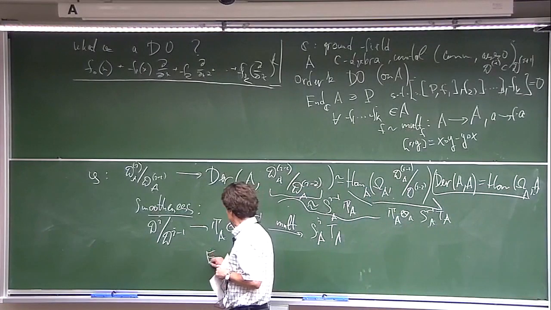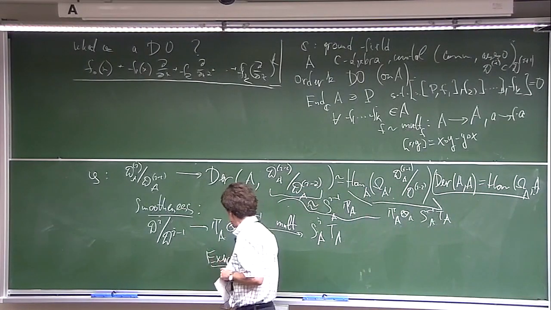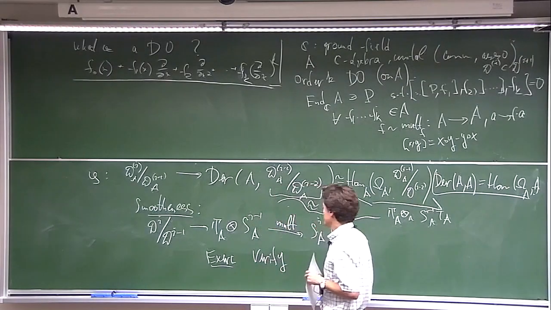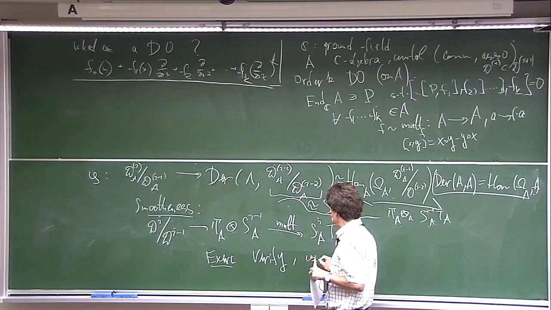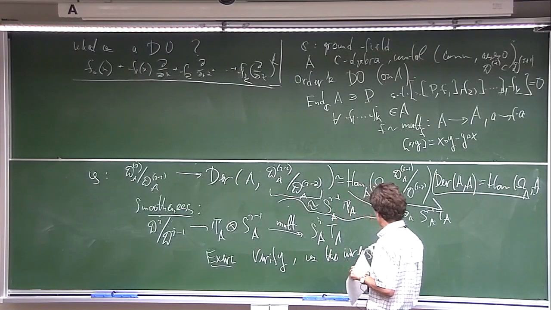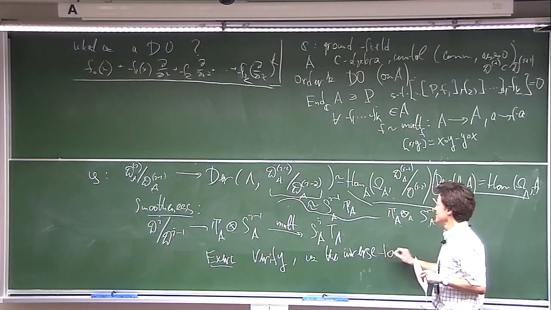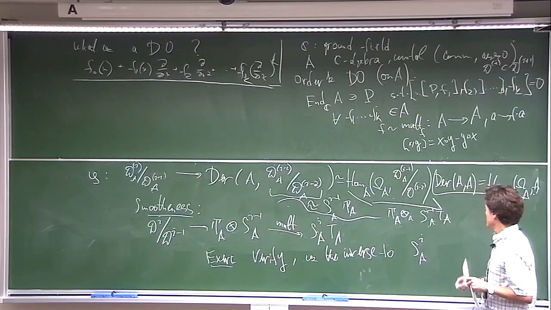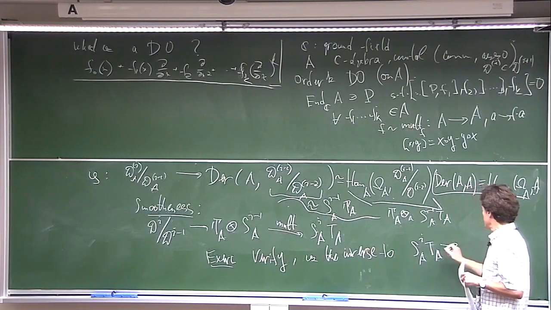So, exercise: verify that this map is the inverse to the obvious map in the opposite direction I started with.